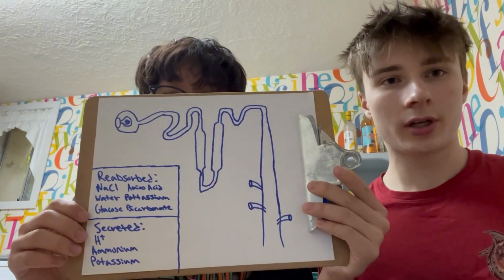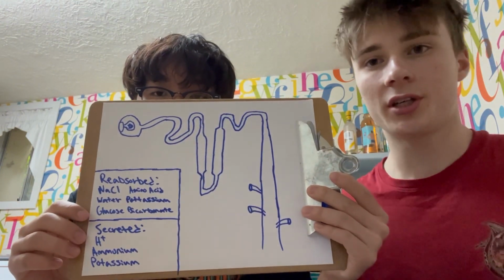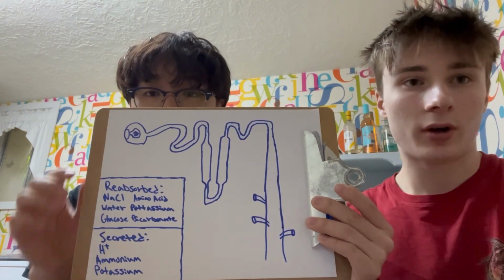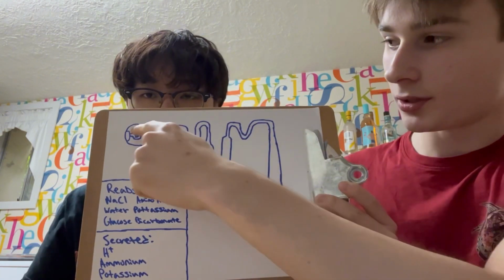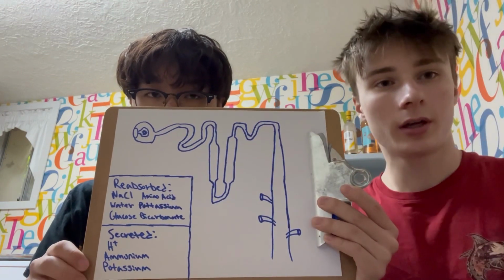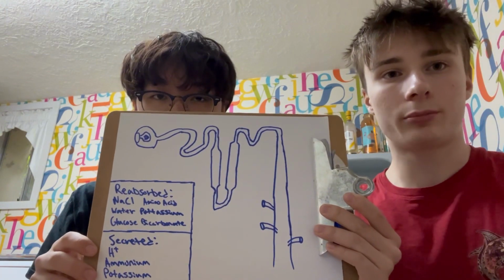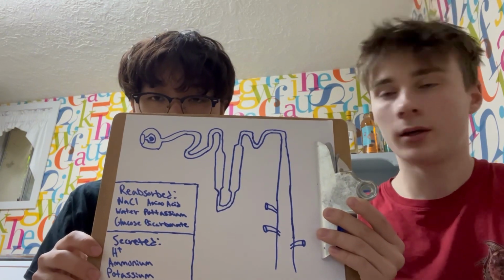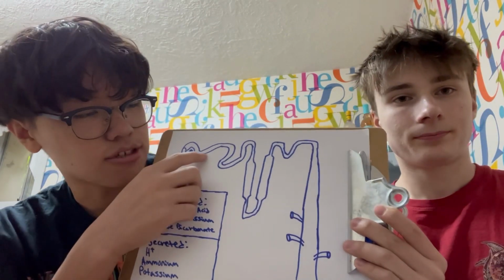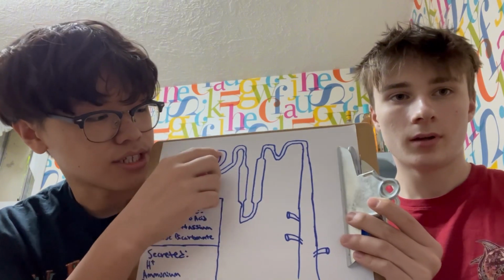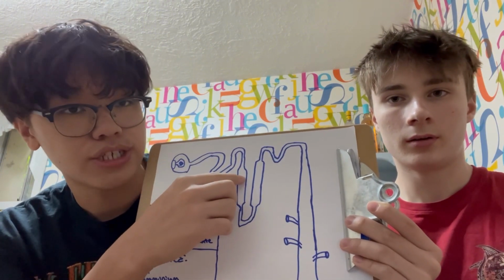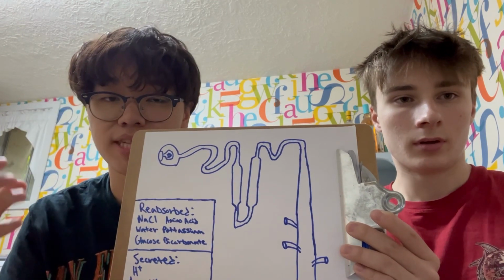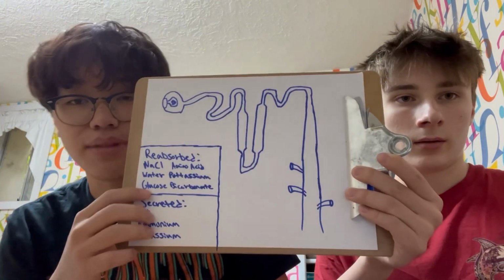Exactly. So now let's talk about the second section of the nephron, which is the tubule itself, this whole long part here. And so after the glomerulus, which is the head, so to speak, filtrate travels to the proximal tubule, which helps with pH regulation in the body. Right. So in the actual proximal tube, which is around here, right before this huge chunk, it reabsorbs everything listed here.